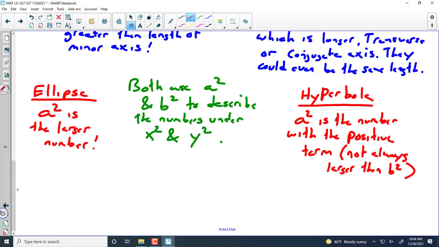They both use a squared and b squared to describe the two denominators, absolutely. However, when you're talking about an ellipse, you look for the larger number. When you're talking about a hyperbola, if you want a squared, you look for the number that's under the first term, the positive term. And that's about where we ended up about 12 days ago. I was talking about this a squared and b squared stuff.